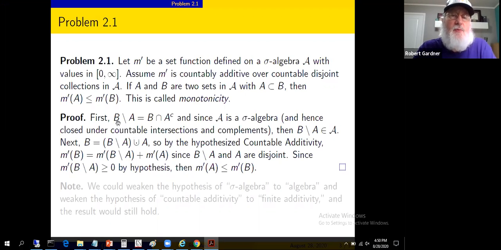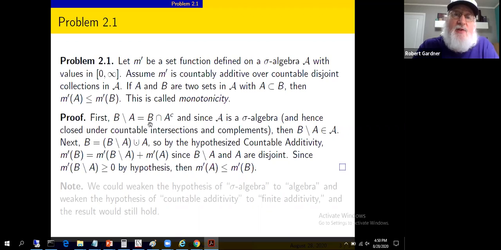First, let's consider B set minus A. That is B intersect A complement. That's in this sigma algebra, right? Because A and B are sets in the sigma algebra. Then A complement is also in that sigma algebra because sigma algebras are closed under complements.